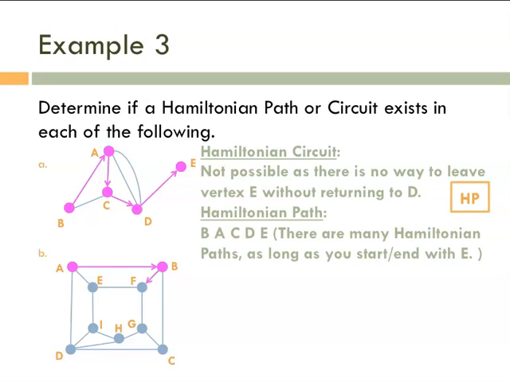Let's say we went to F. Okay, so from F, we can either go over to E or down to G. I think if we go down to G, it might help us get to everything on the bottom. And then let's cover all these vertices that are on the bottom. So let's see, we can go to C from here, then over to D. Let's go up to H, then I, and then E, and then now we can go back to A. Right, so there is a Hamiltonian circuit here.